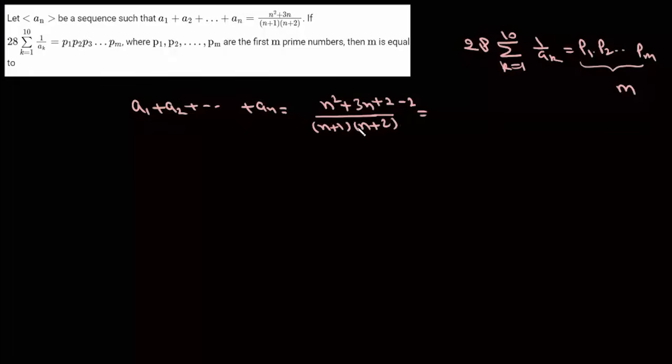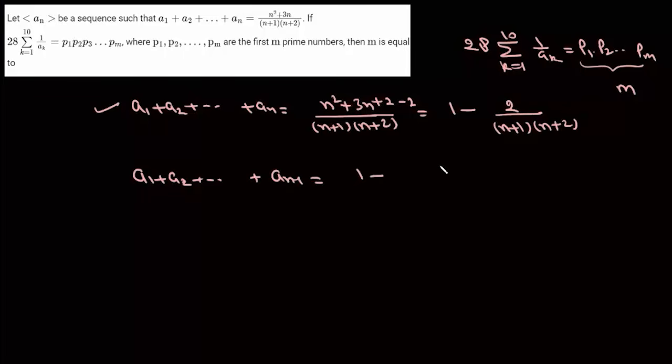So this n plus 1, n plus 2 will cancel. So we can write this as 1 minus 2 upon n plus 1 into n plus 2. Now using this result, we'll write the sum up to n minus 1 terms. So we'll replace n with n minus 1. So we can write a1 plus a2 up to an minus 1 will be 1 minus 2 upon, now it will be this n and n plus 1.